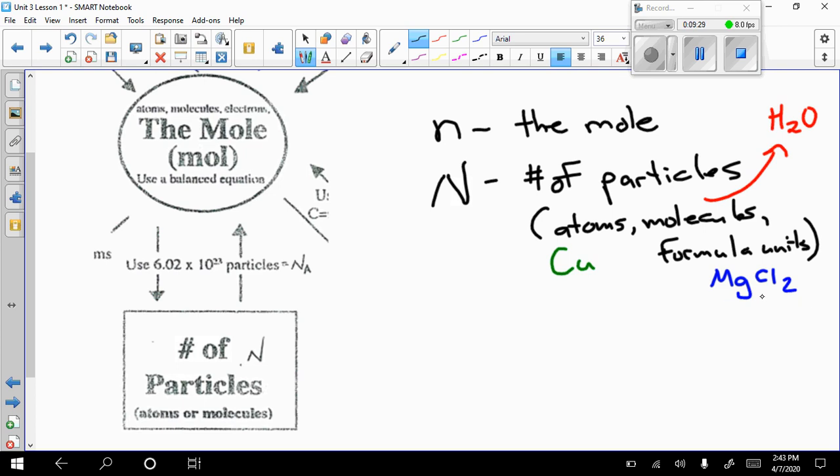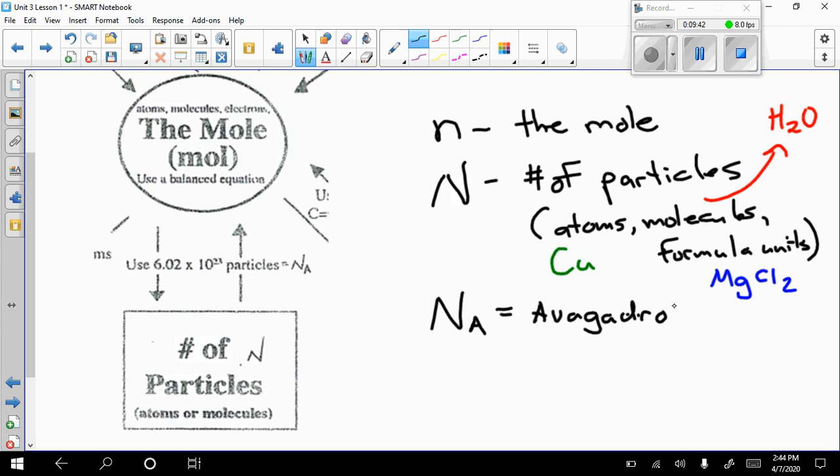The other variable we're going to need today is Na, which is, of course, Avogadro's number, and it is 6.02 times 10 to the 23. Okay, so those are the three variables we will use.